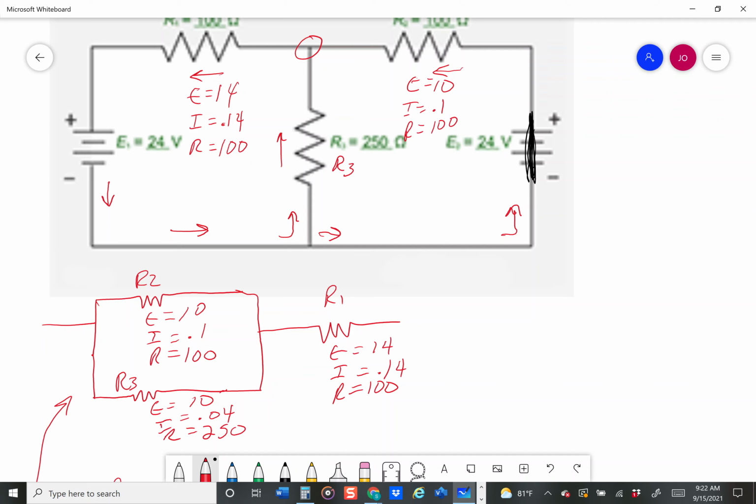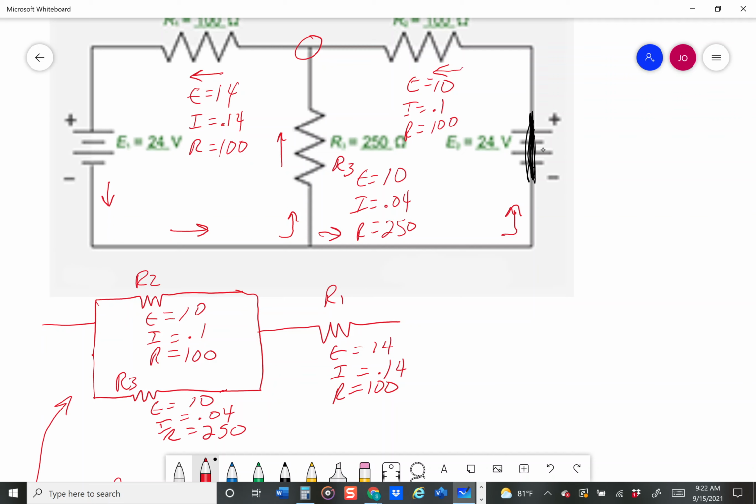And really the ohms are important because we're solving for voltage and current. And R3 has 10 volts, 0.04 amps, 250 ohms. That solves everything for voltage source 1.